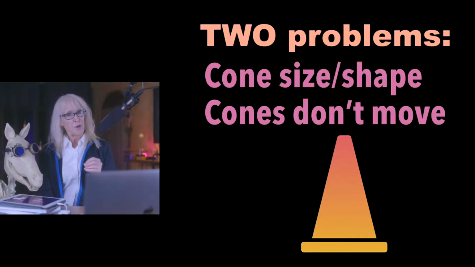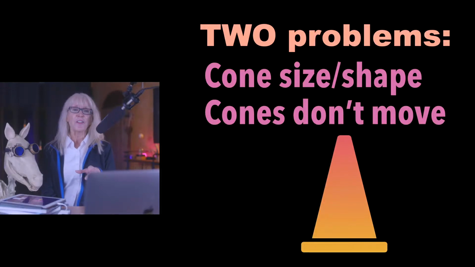And the two big problems, among other things, is the size and shape of the cone and that the cones don't move. They just sit there. So this is not in any way representative if someone is trying to prepare themselves to be better at, for example, playing football or whatever it is.